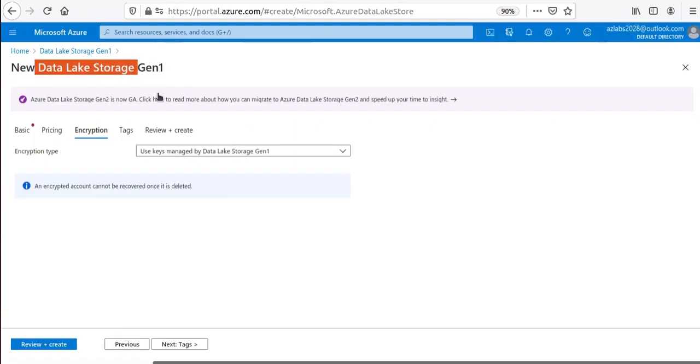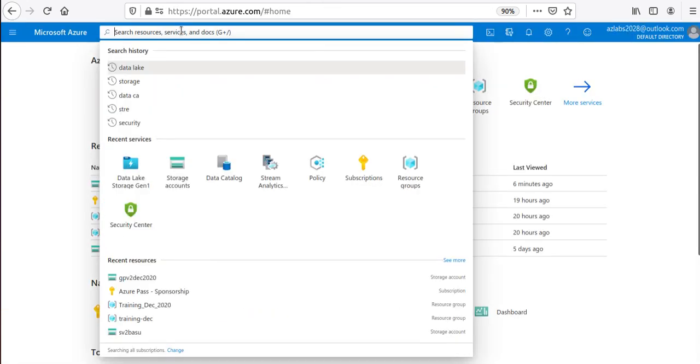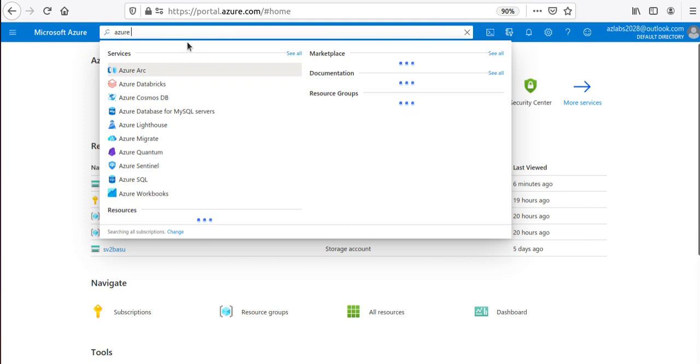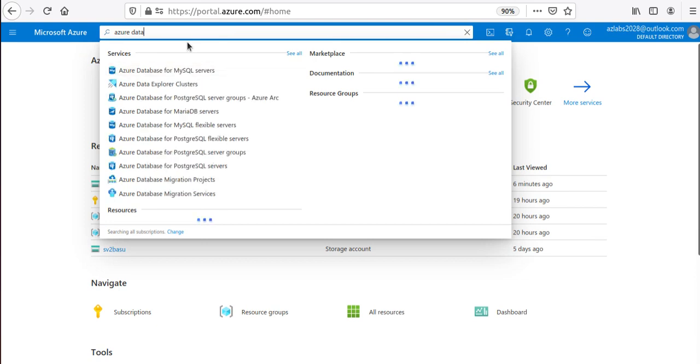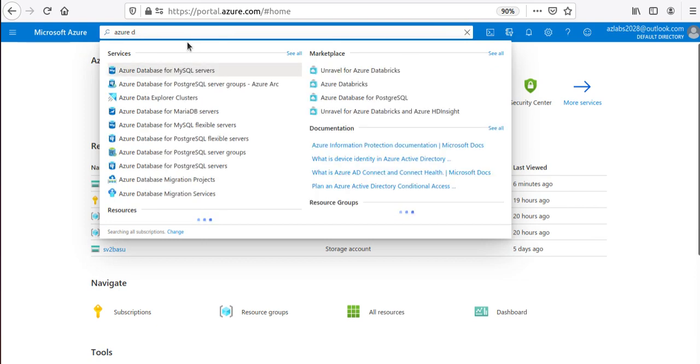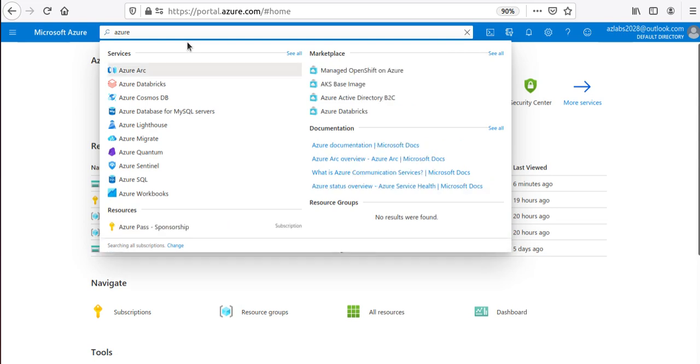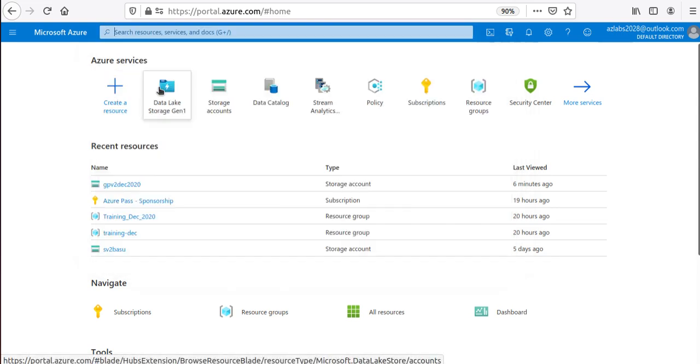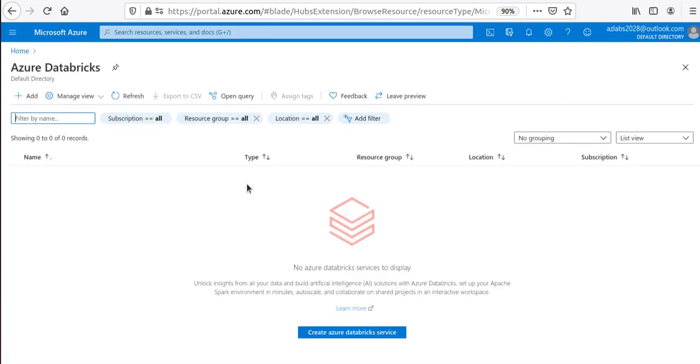Okay, so let's go and see if we can find Azure Databricks here. So Azure Databricks, it came up. Databricks is right there. So click on that one again. For creation of Azure Databricks, you just click on create Azure Databricks service.